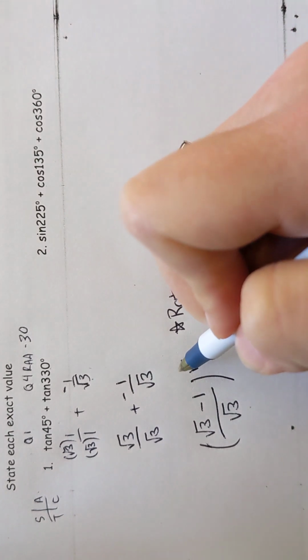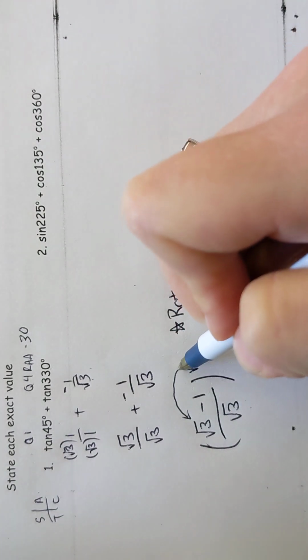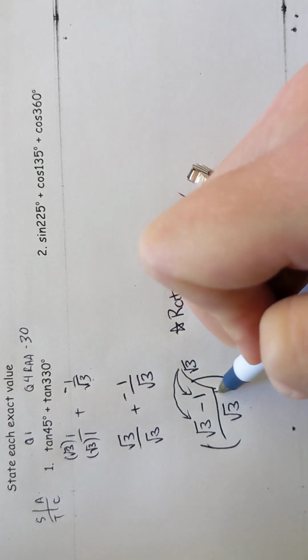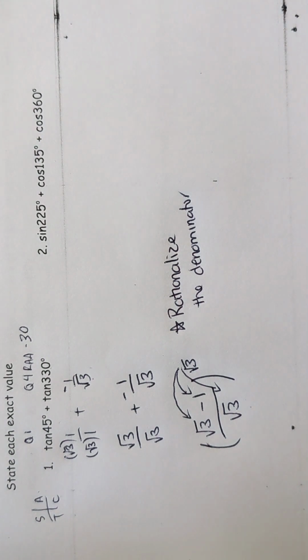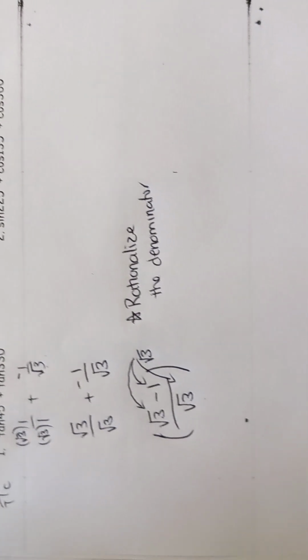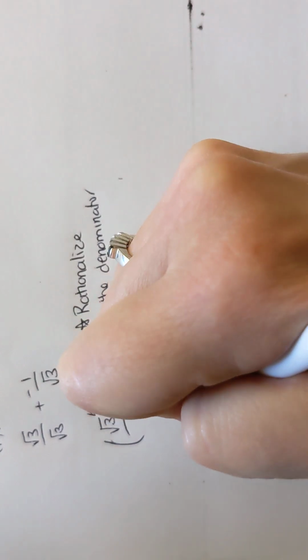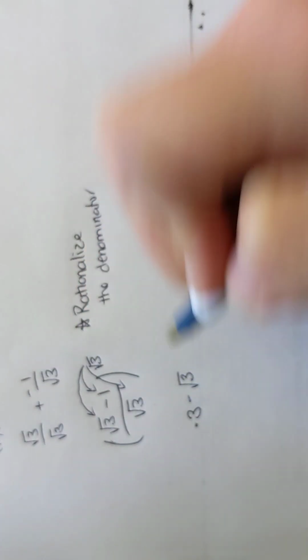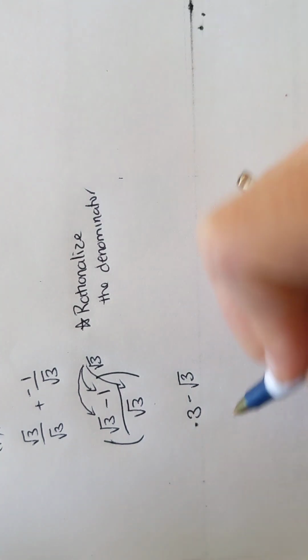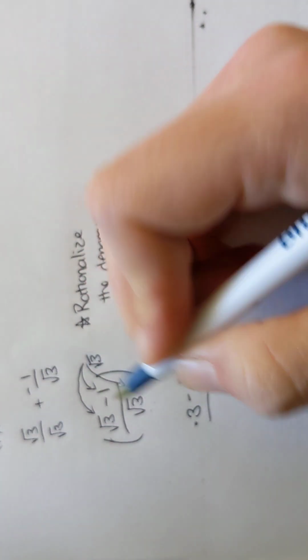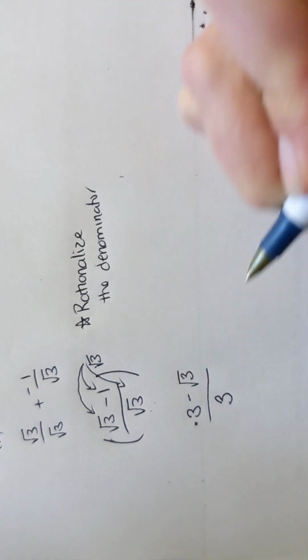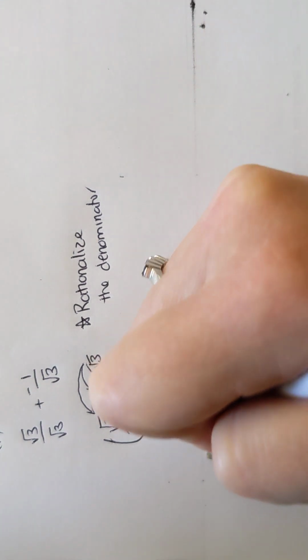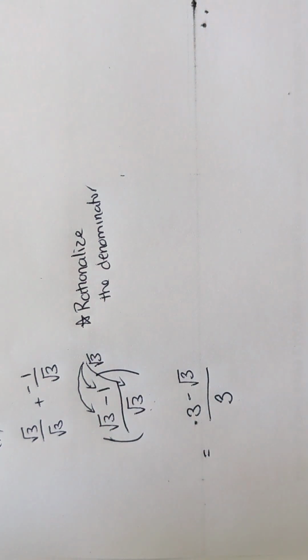So I'm going to multiply this by root 3, this by root 3, and the bottom by root 3. Okay, root 3 times root 3 is just going to be 3. Negative 1 times root 3 is going to be negative root 3. And root 3 times root 3 is 3. Now this answer is done. This is the exact trig value for this function.